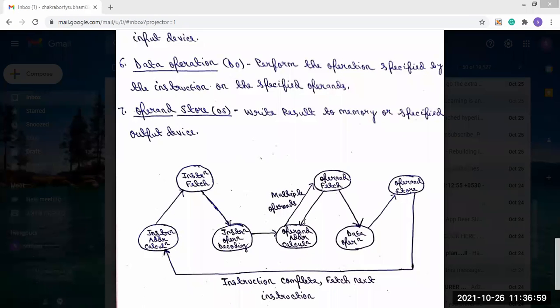So these are the states of the instruction cycle. This is very important. These questions came. Okay, it is clear.